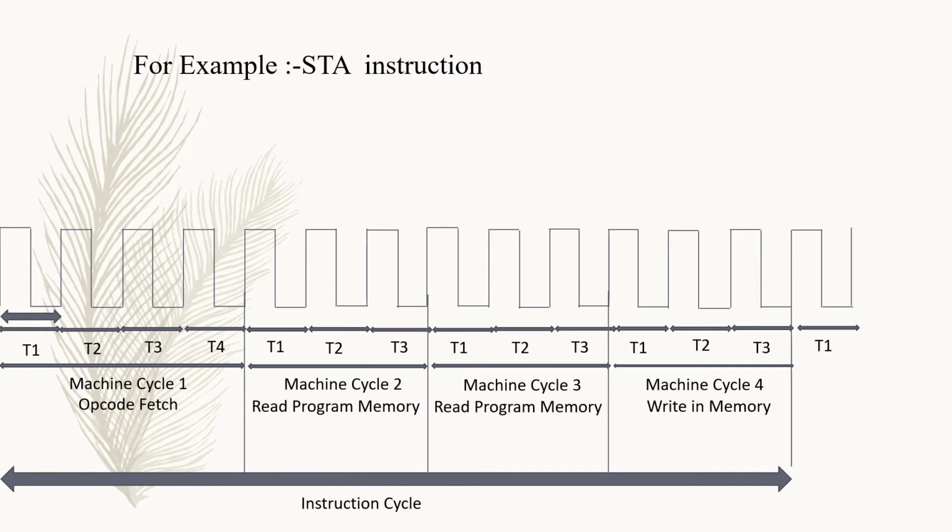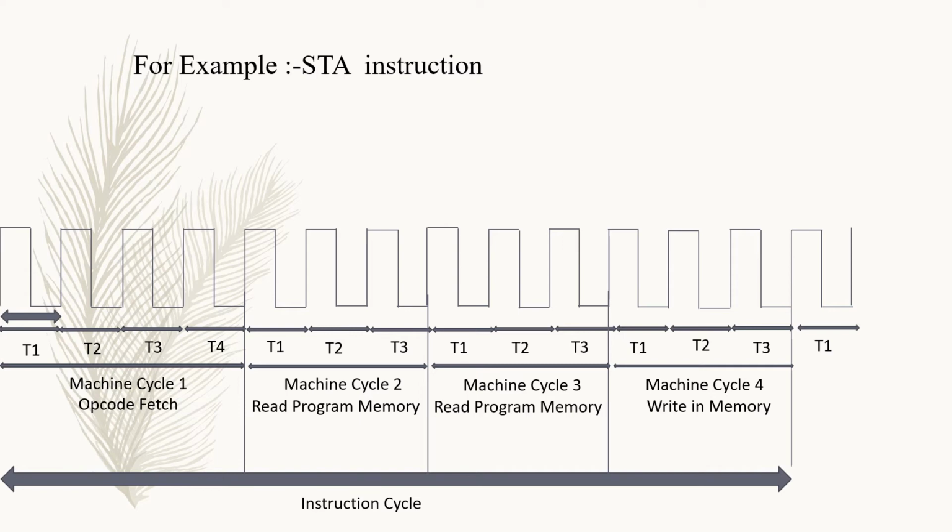So my STA instruction consists of, in overall, how many T states are we having here, students? You can see it is having 13 T states. First is 4, second machine cycle 3, then 3, 3. So here my total T states involved is 13.